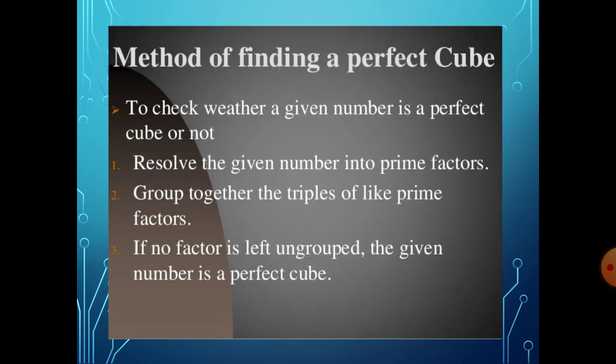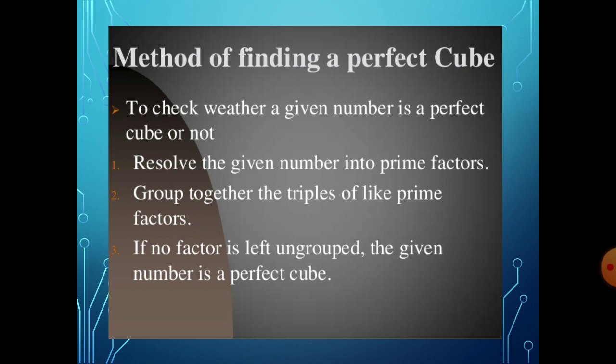Now, how to find the cube root of a number. I will show you the method of finding a perfect cube. To check whether a given number is a perfect cube or not, the first step, as we follow in square root also, is to resolve the given number into prime factors.